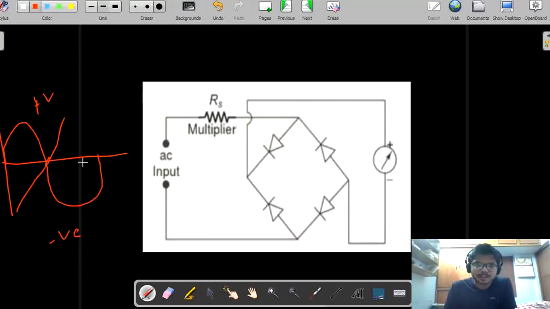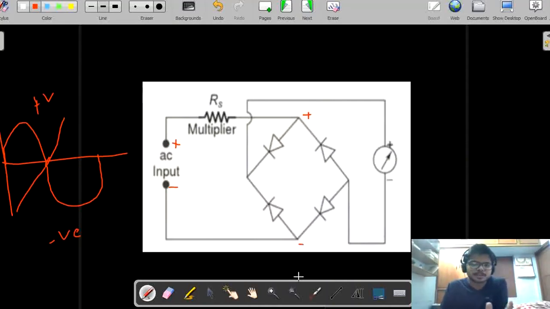I will apply the same sinusoidal wave to the AC input. What will happen for the first half cycle? Here plus, here minus, indicating that a positive voltage is applied here. Now this plus will come to here and minus will come to here.